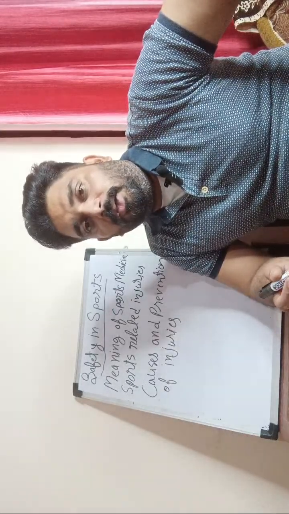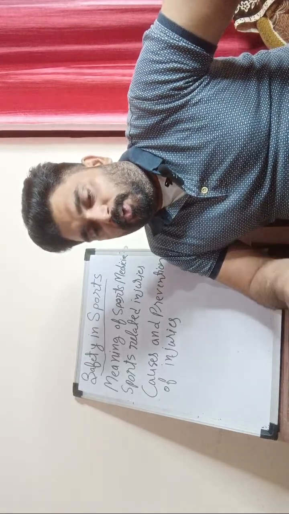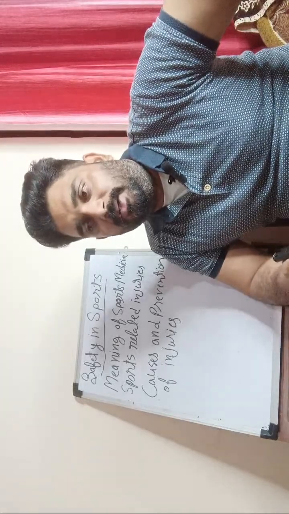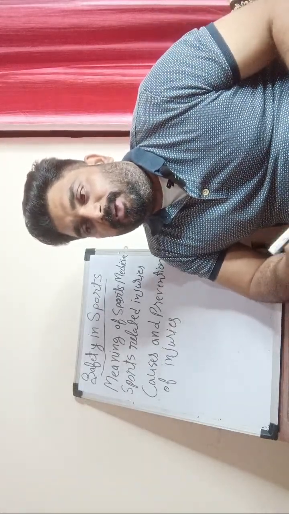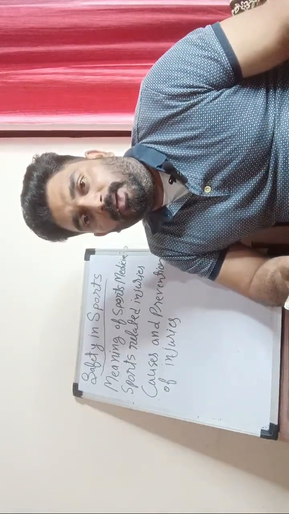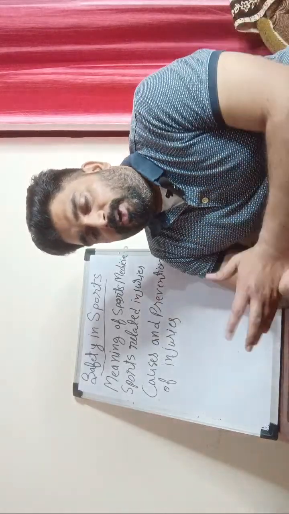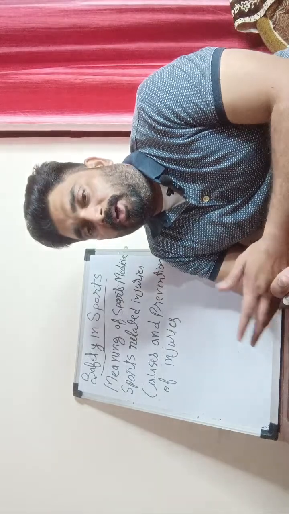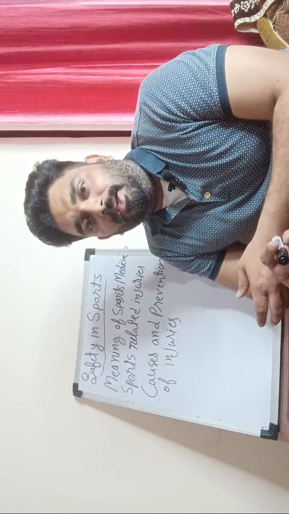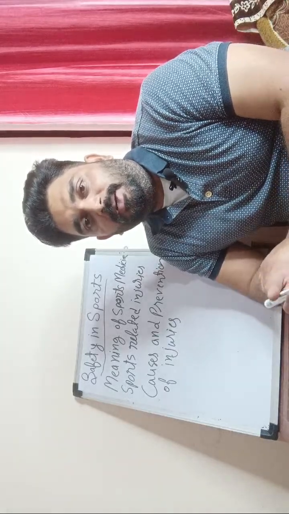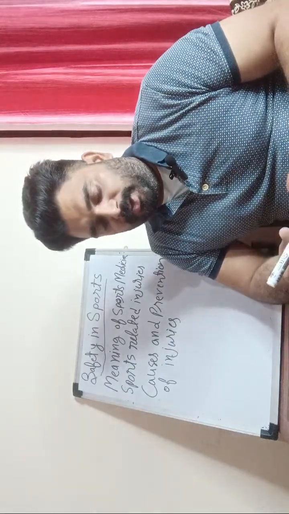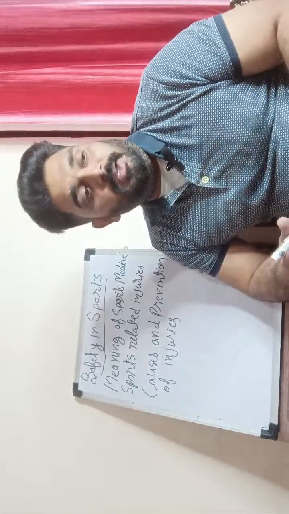Like if you are injured on a football or hockey ground, maybe a muscle or joint injury, behind that maybe the story is that you did not perform a warm up, maybe you did not follow the rules and regulations, maybe you were not wearing safety equipment. So we do not meet with an accident or injury immediately. Behind that some reasons are there, so we are going to discuss those reasons.